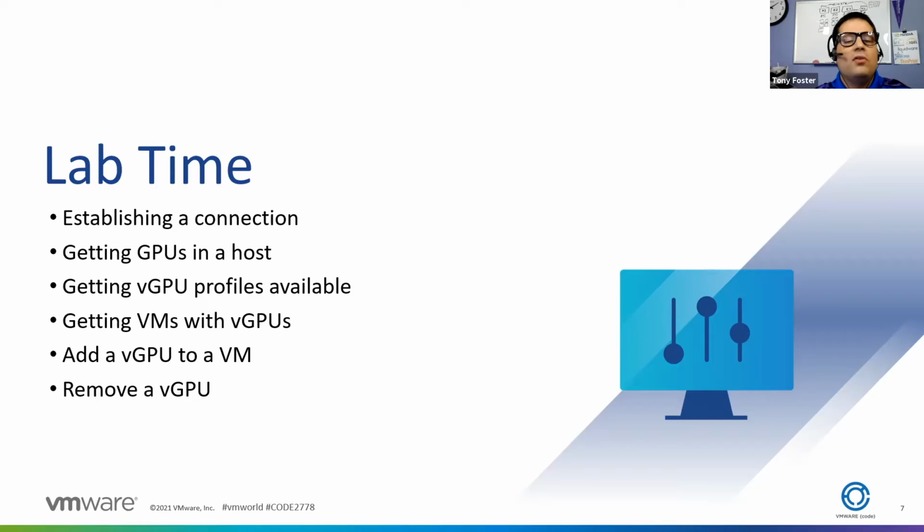Then we'll tie all of that together and actually create a VM with a vGPU in it, and we'll link all of these things to that final process so that you understand why we're going through all of these. The presentation is available on wondernerd.net along with all the code snippets. And if you go to github.com/wondernerd, in my VMworld 21 project, you will find all of the code there for you to download.